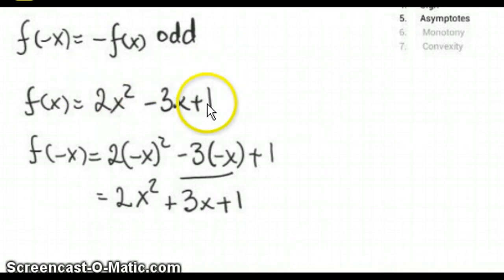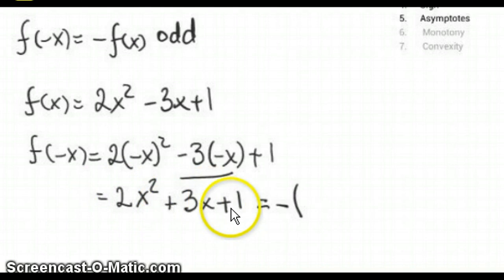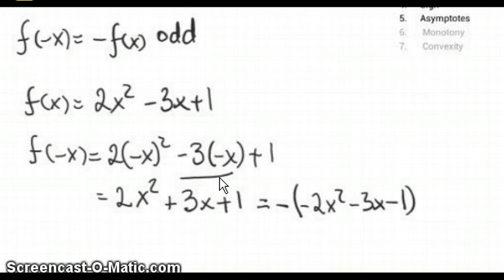Is it 2x squared minus 3x plus 1? Not really. So it's not even. Is it odd? If I factor out the negative sign, all of these signs will change, so it's going to be negative times (2x squared minus 3x minus 1). Can I say that the function in the brackets is f of x? No, it's not. So in this case, our function is neither.